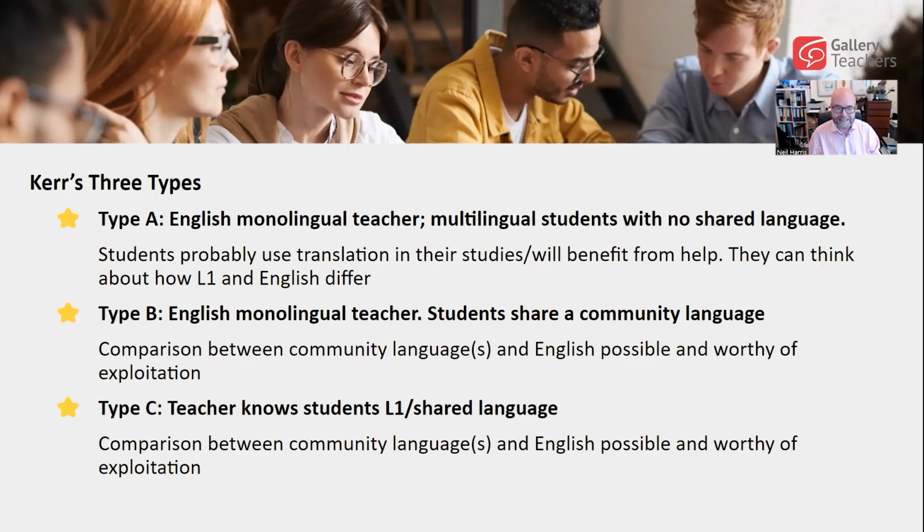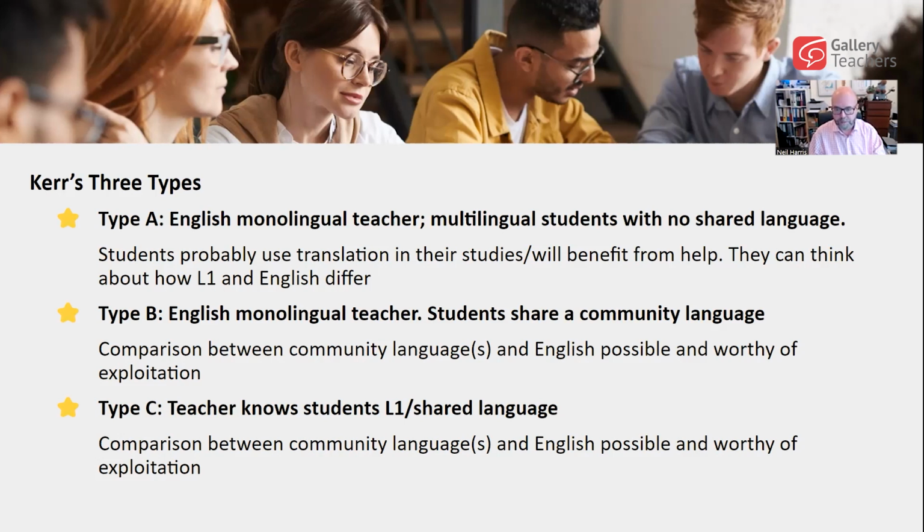Type B is again a monolingual English teacher, so probably a native teacher, but who shares a community language with the learners. So if I was working in Italy, I would be a type B teacher. Sorry, no, I wouldn't. I'd be type C. If I was working in a school in Germany, I would probably be a type B teacher.